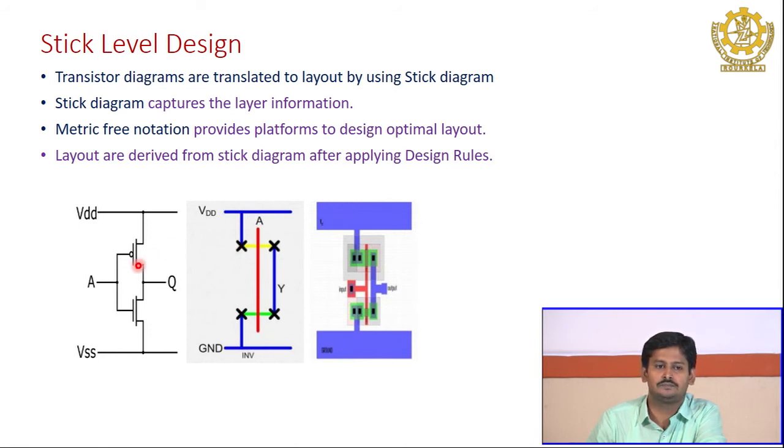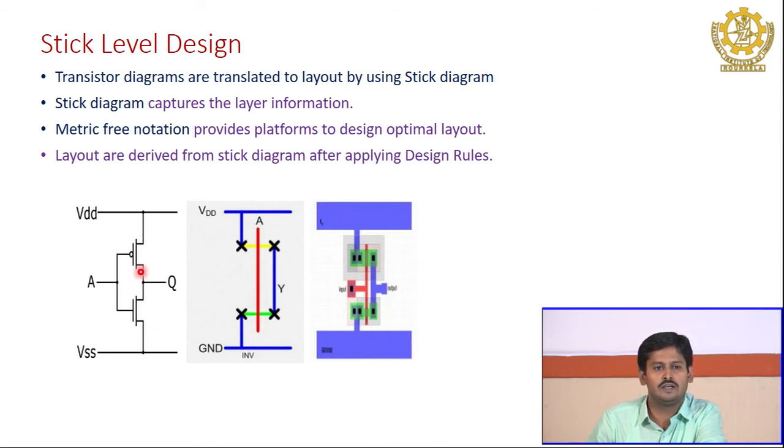So now here this is a common drain circuit. This is drain, gate, source; drain, gate, source. The gates of these two are common, that is A connected to A, and the drains are also common, connected to Q. Source is connected to VDD for PMOS, and here source is connected to ground for NMOS.